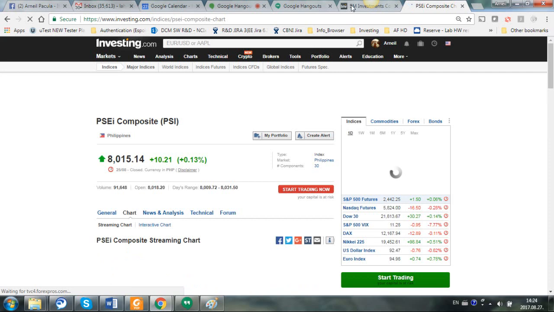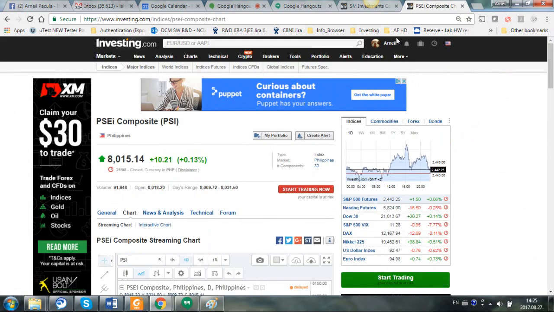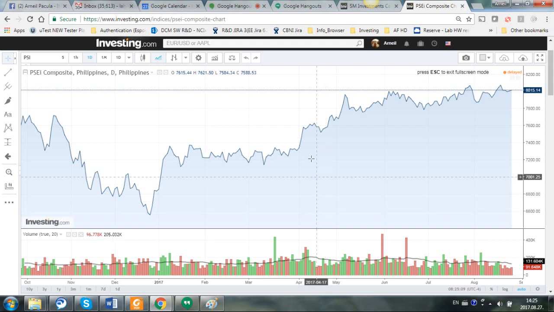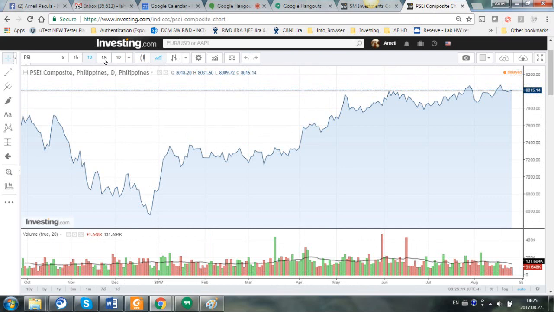So, usually, kung tumataas si SM, tumataas din yung PSEI. Parang reflection siya ng SM. See? Kung i-compare natin, okay, this is one day, pero tingnan natin sa 1 week.